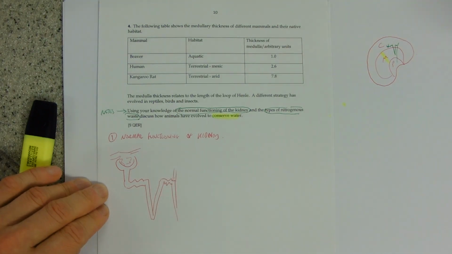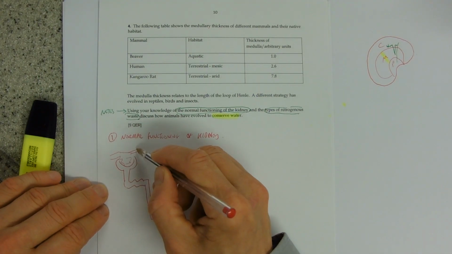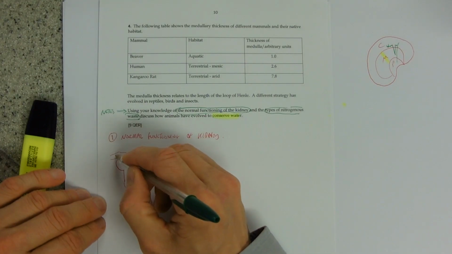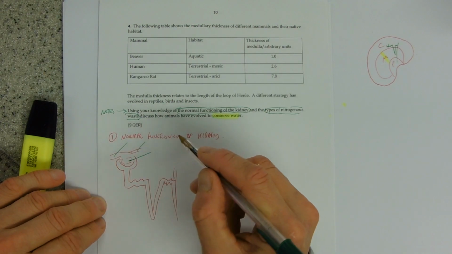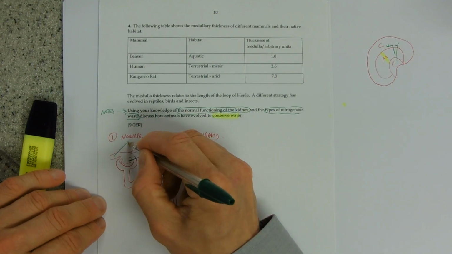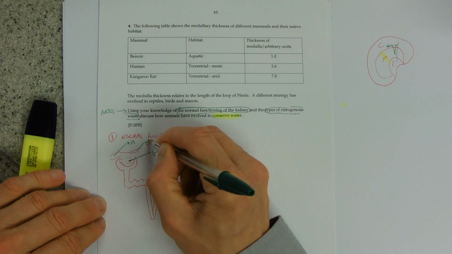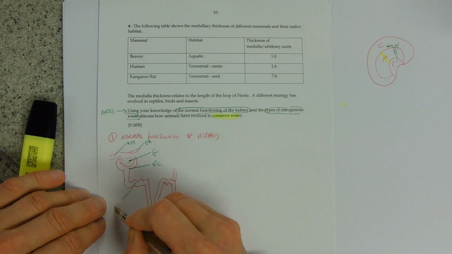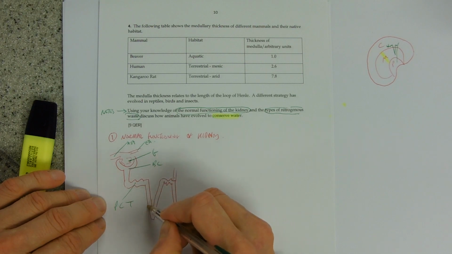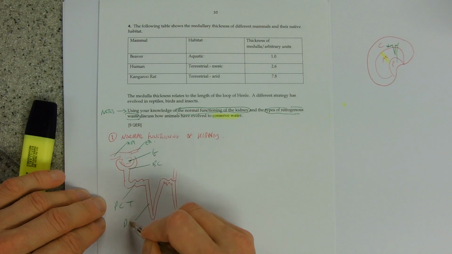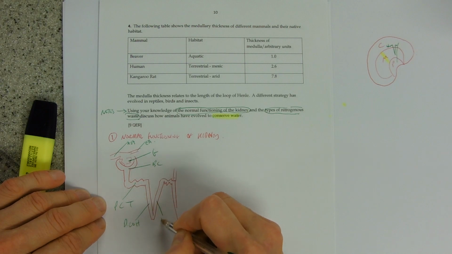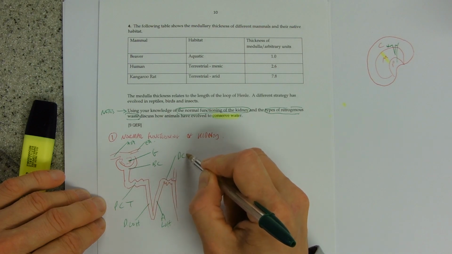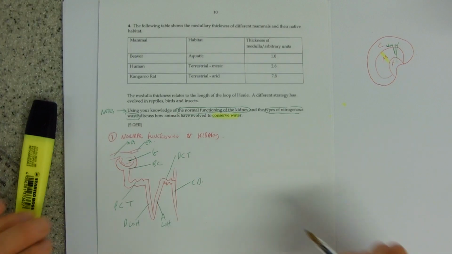Not a very good nephron. But you've got the glomerulus, afferent and efferent arterioles, so afferent arteriole, efferent arteriole, Bowman's capsule, proximal convoluted tubule, descending loop of Henle, ascending loop of Henle, distal convoluted tubule, and collecting duct.